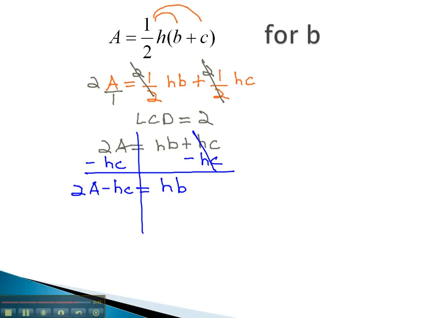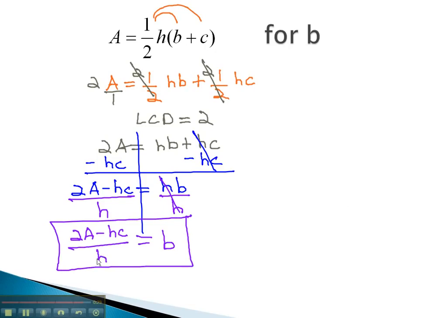Finally, to get the b alone, we will divide both sides by the h. Now the b is alone on the right side, and on the left we have the fraction 2a minus hc over h.